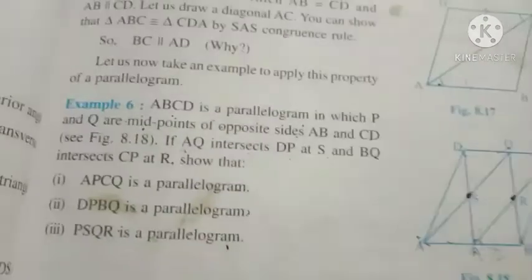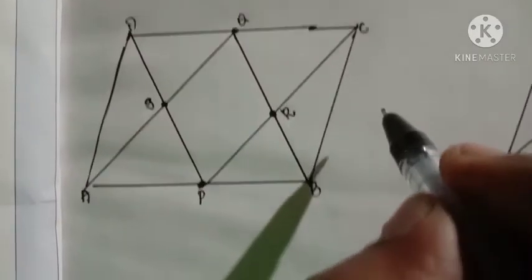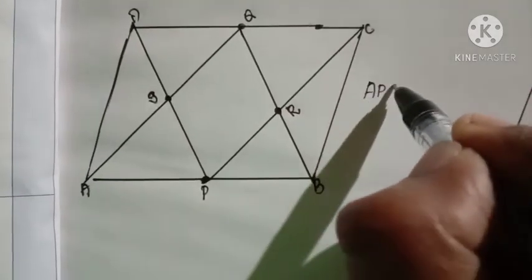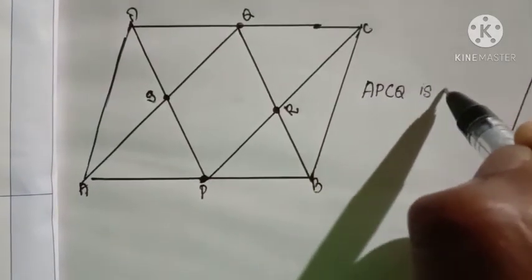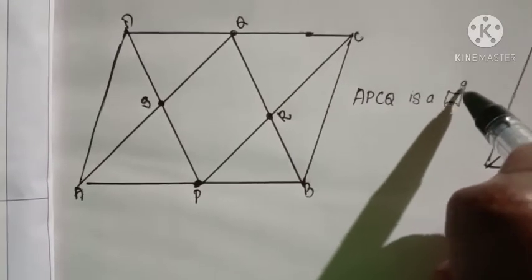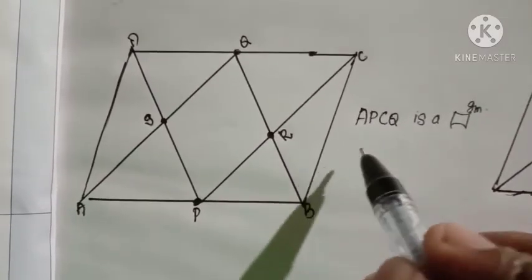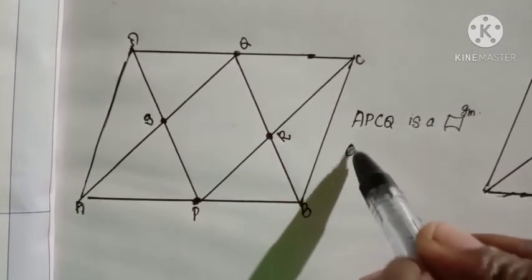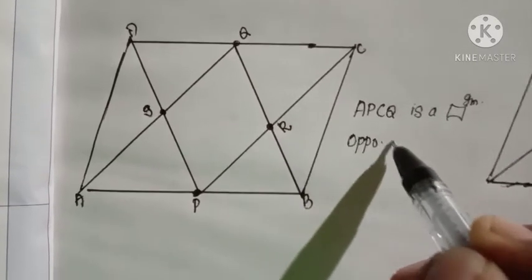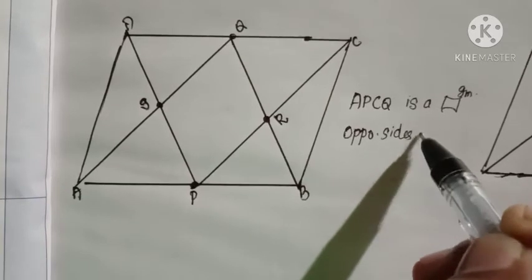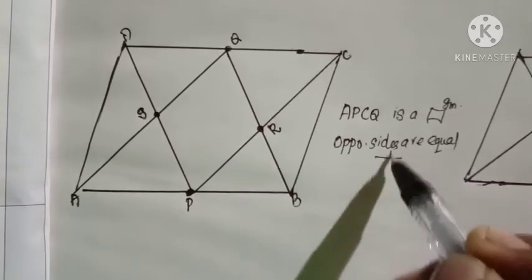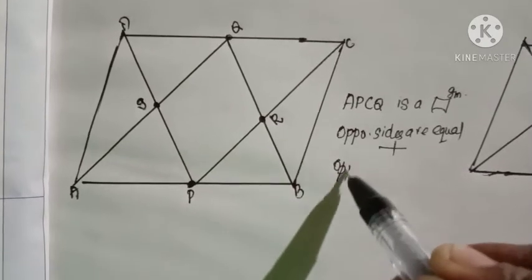First one we need to prove: APCQ is a parallelogram. To prove APCQ is a parallelogram, we are going to prove opposite sides are equal and opposite sides are parallel.